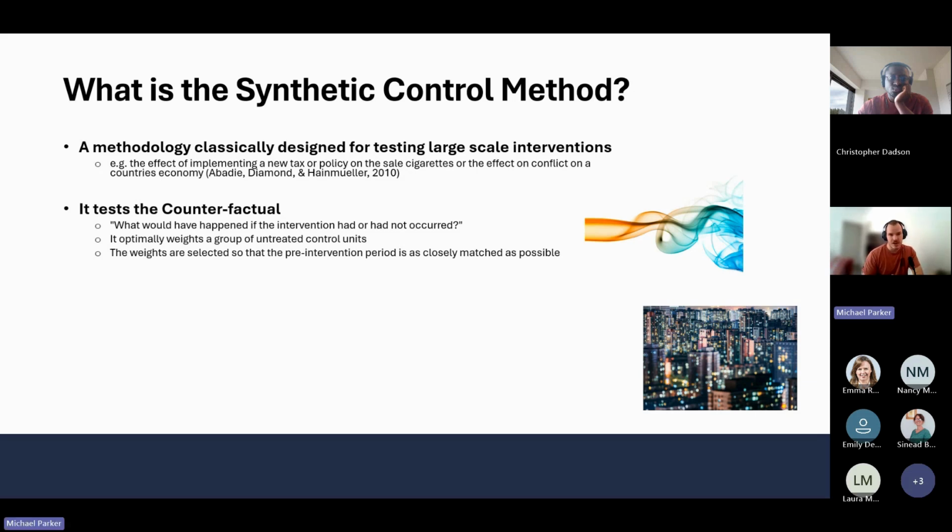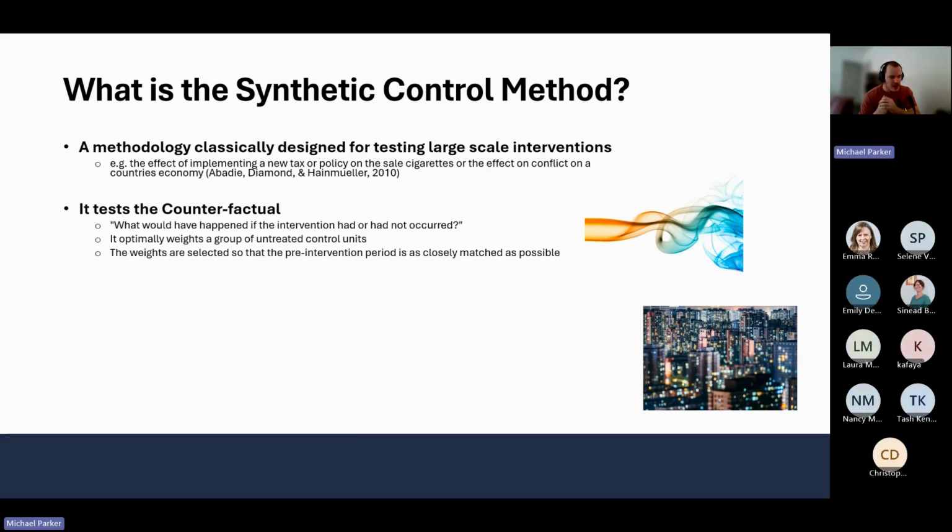So the overall idea of how it works is it uses those control units where the opposite effect has happened, and the maths basically weights an optimal synthetic unit using those to make a comparable unit. It's a bit like matching, but instead of matching against something that is real, it zombifies a bunch of other units to make one perfect synthetic control unit.